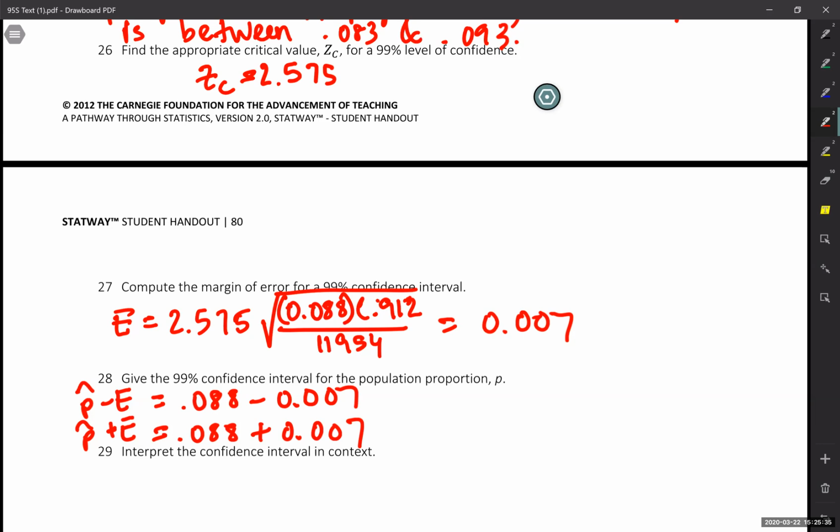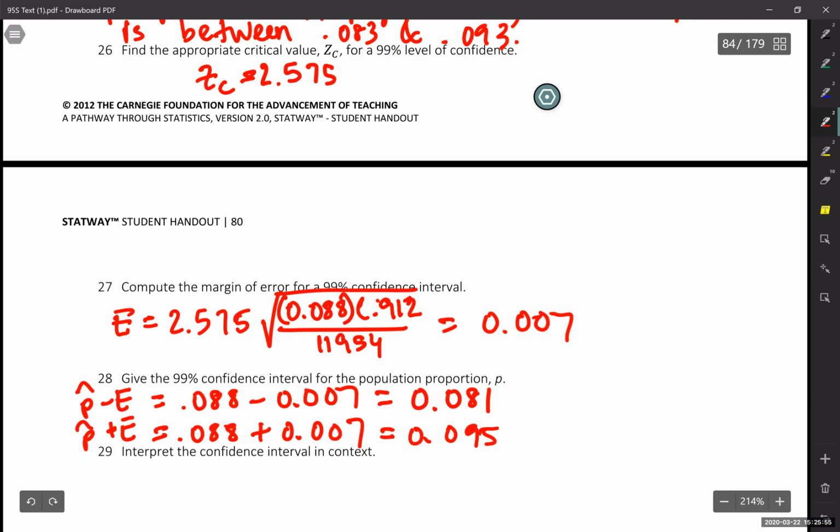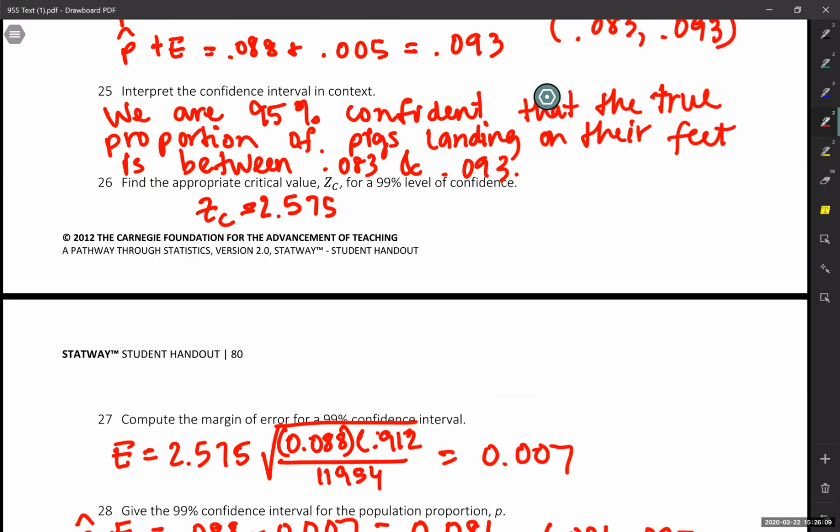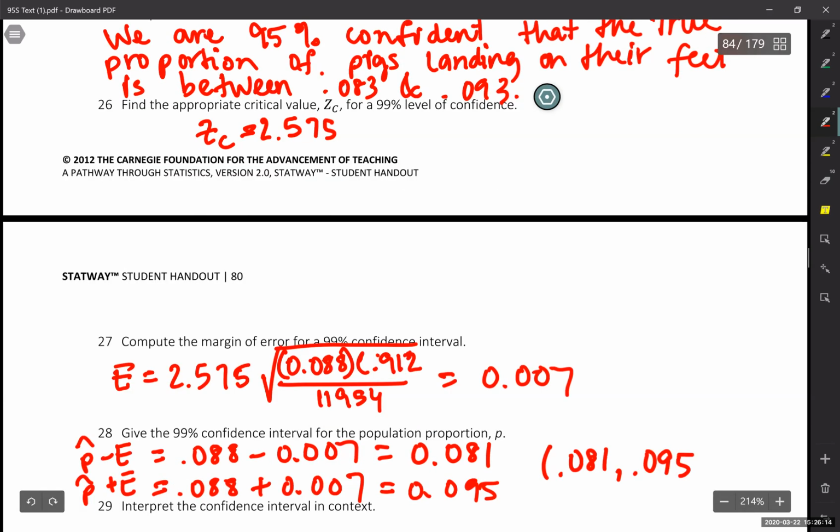So 0.088 minus 0.007 gives 0.081, and then 0.095. So just a little wider interval here: 0.081 to 0.095. Up here we had 8.3% to 9.3%. This is 8.1% to 9.5%, so a little wider.